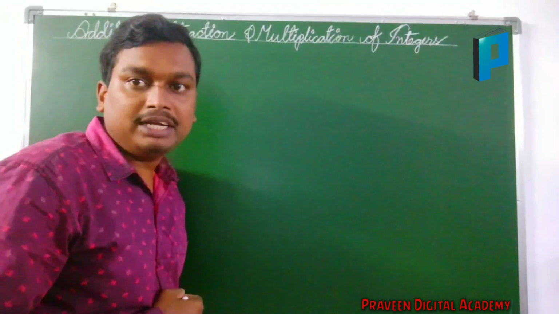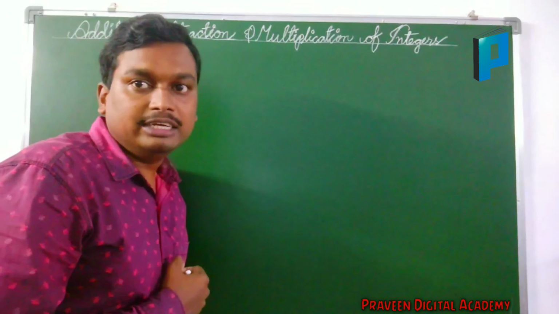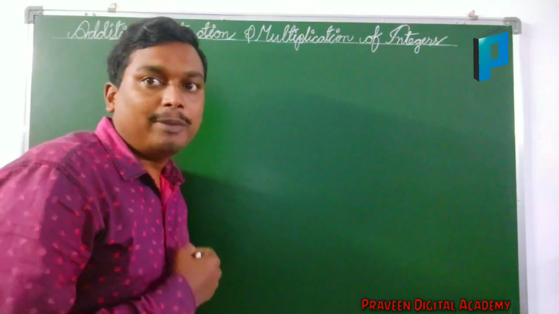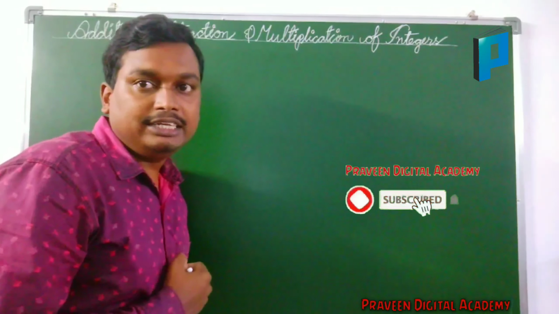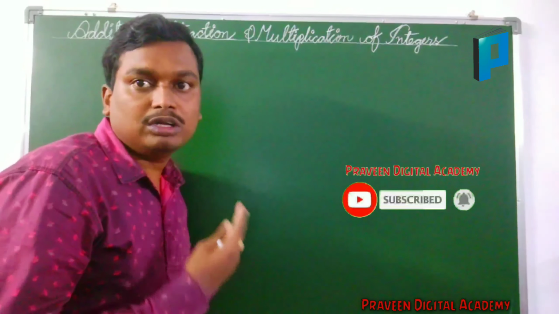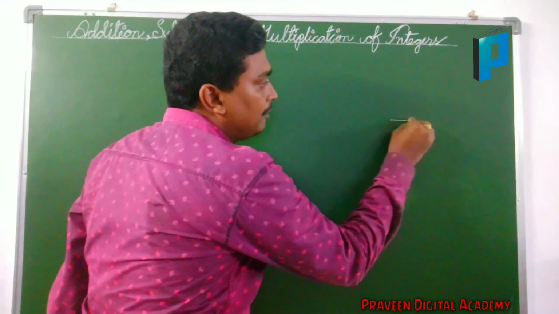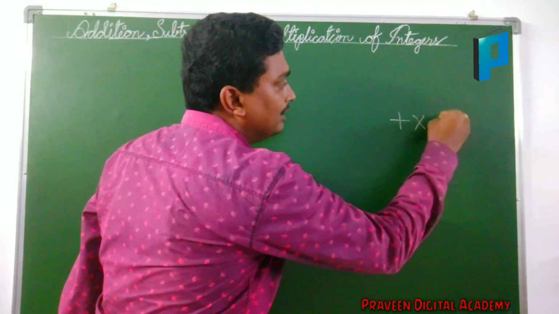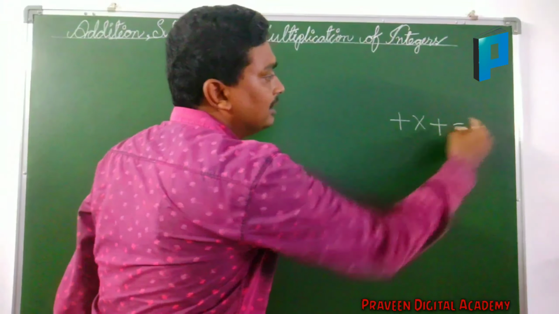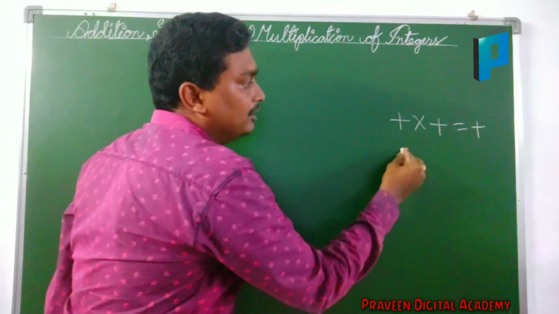Till now, we completed how to add and how to subtract integers. Now let us go for multiplication of integers. To do the multiplication, you should know the 4 important formulas that are here. Plus into plus is plus. When plus is multiplied by plus, we will get plus only.